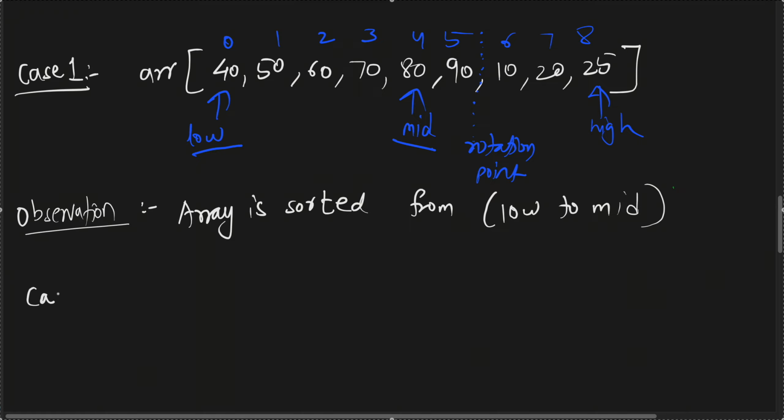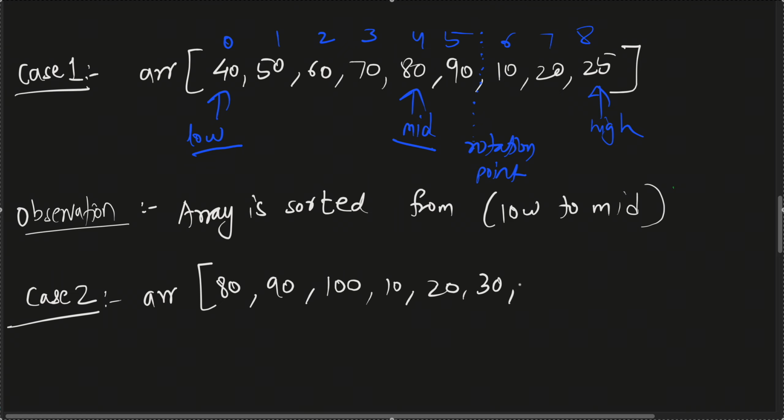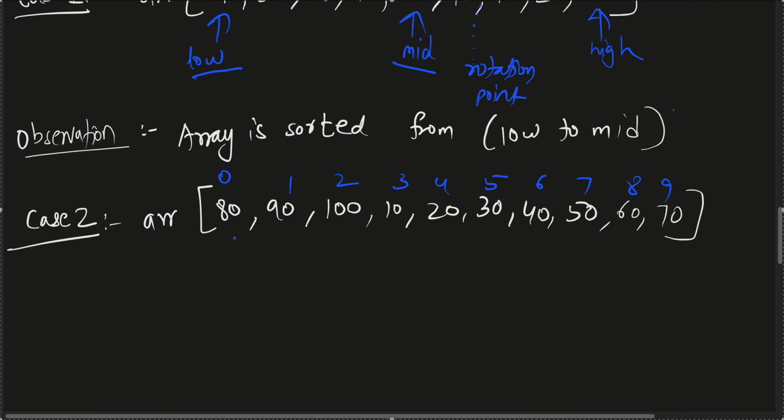Now similarly for case 2, let me give an example. Let's take an array 80, 90, 100, 10, 20, 30, 40, 50, 60, 70. Let me quickly write the indexes as well: 0, 1, 2, 3, 4, 5, 6, 7, 8, 9.